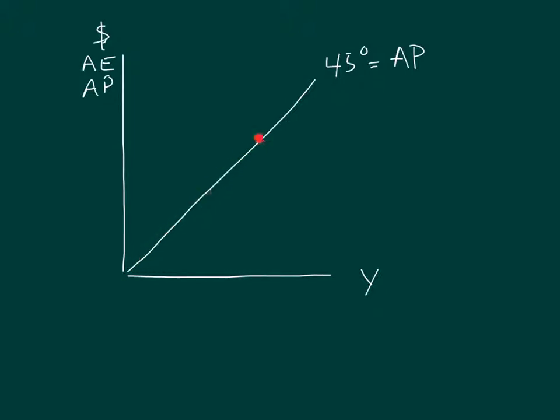Now we have aggregate expenditures and aggregate production. Observe this 45-degree line. We can think of that as the aggregate production line, and it is simply showing that aggregate production is always equivalent to aggregate income. That is our basic equality that we've talked about.